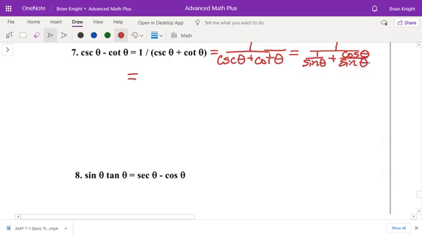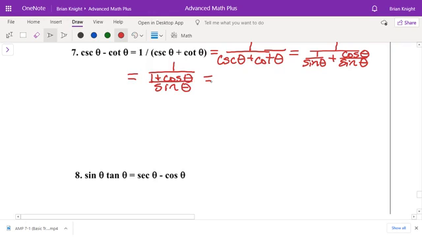Can I add those? Yeah. So that's 1 over 1 plus cosine theta over sine theta. And if I wanted to write that without the 1, what do I just need to do? Multiply by the reciprocal, and since I'm multiplying it by 1, my answer is just the reciprocal.